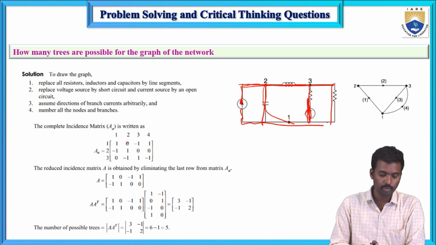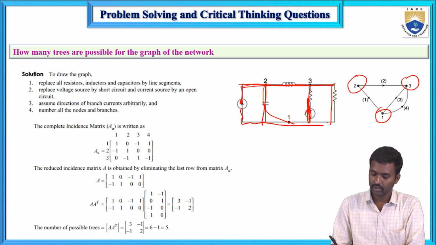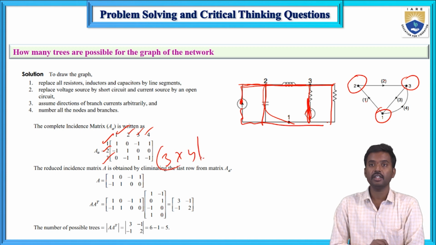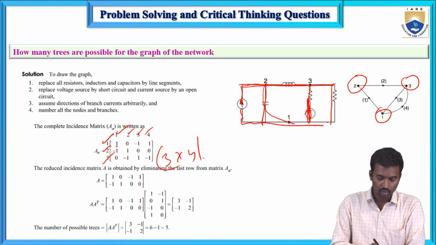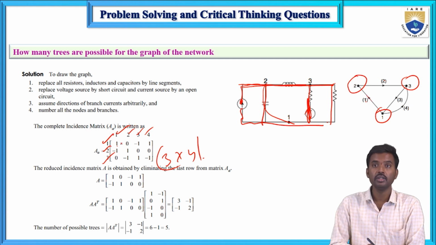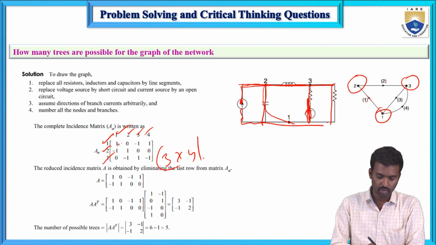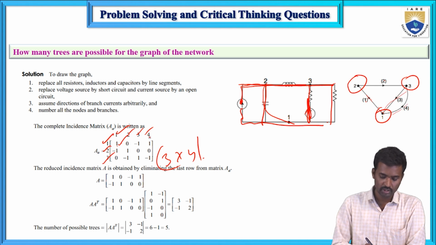First determine the complete incident matrix. So here nodes 1, 2, 3 and branches 1, 2, 3, 4, so 3 cross 4. Now in node 1, one branch is leaving, that is plus 1, and 3 branch is entering and 4th branch is leaving.